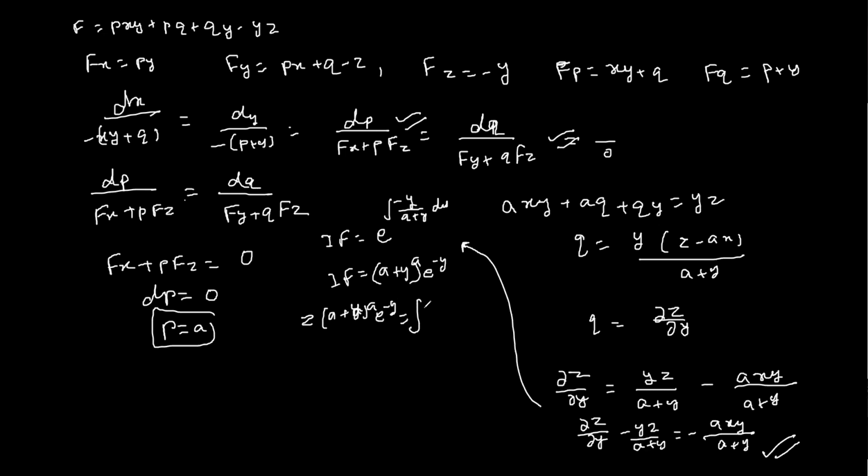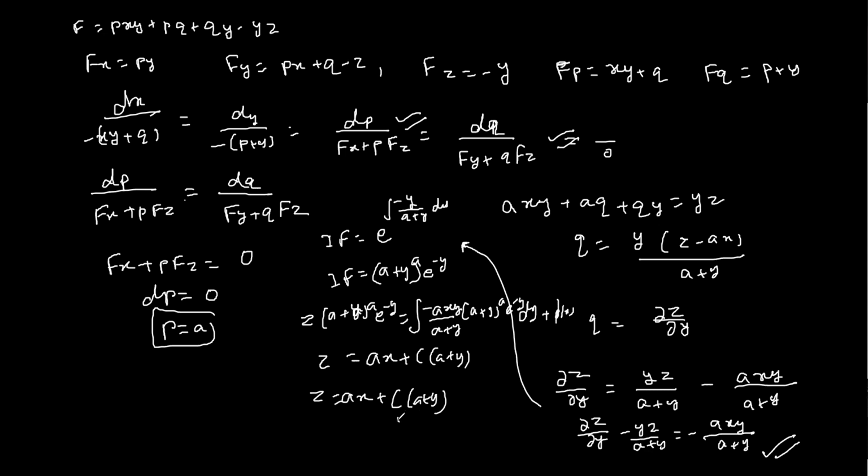Final answer will be z into IF equals integral of q into IF. Q is minus axy upon a plus y, times a plus y raised to a, e raised to minus y dy, plus, let's suppose this is fx, so ax plus c. Now you have two things: p is equal to a and q is equal to c.